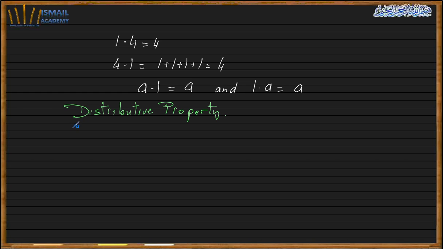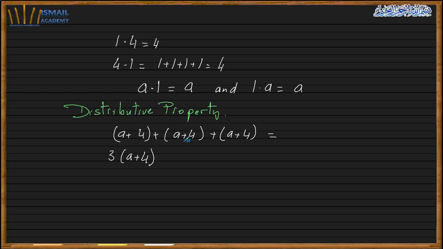So what's the idea behind the distributive property? If I have, for example, a plus 4 plus a plus 4 plus a plus 4, how many a plus 4 do I have? 1, 2, 3. So it's going to be 3 times a plus 4. So how can I add this?